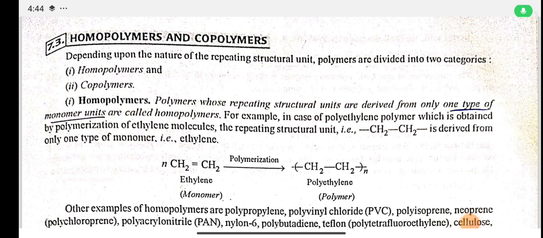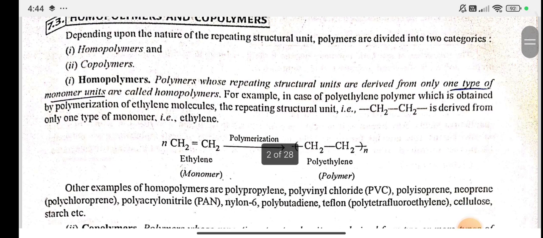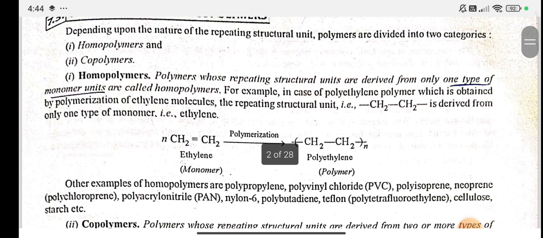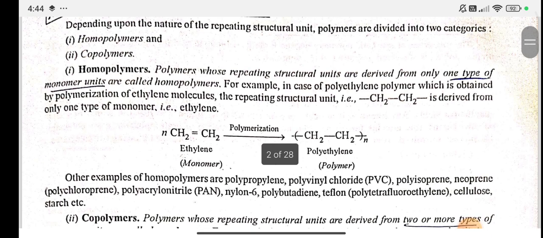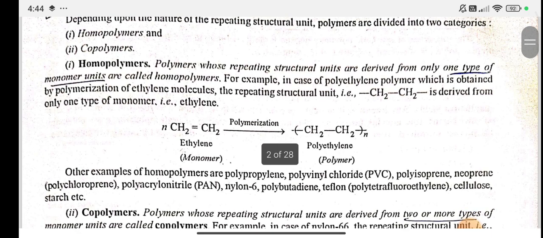Homopolymers and copolymers. Depending upon the nature of repeating structural units, polymers are divided into two categories, homopolymers and copolymers. Homopolymers: polymers whose repeating structural units are derived from only one type of monomer units are called homopolymers.